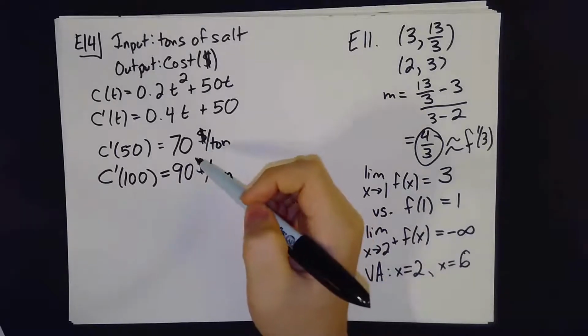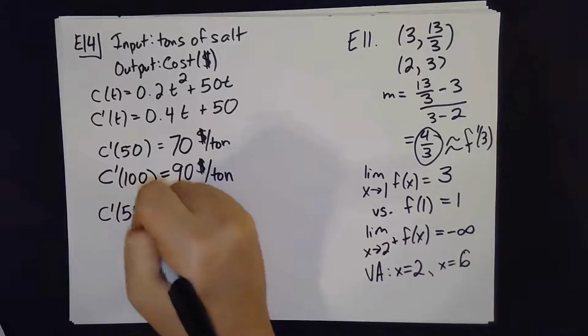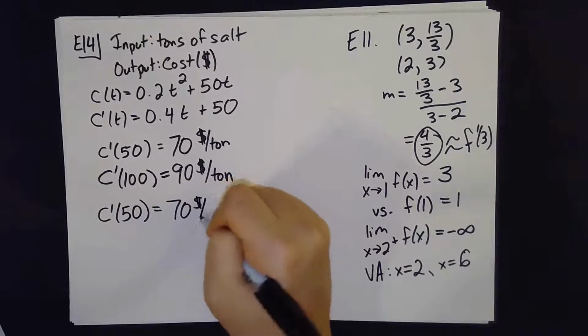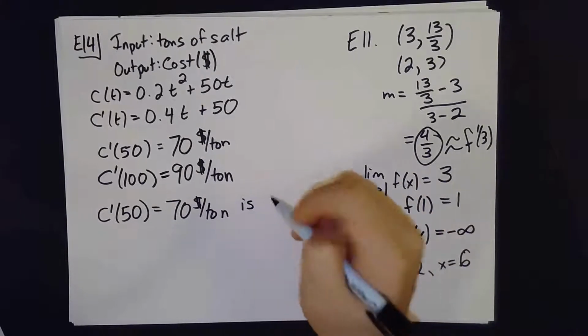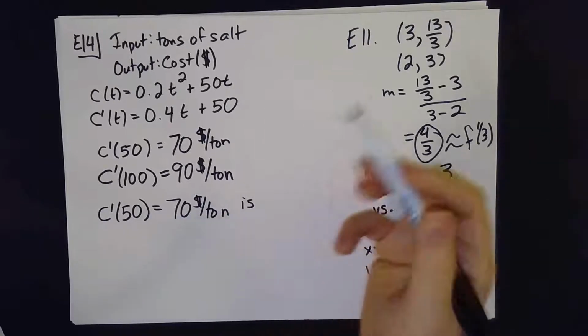And so what is this telling us? This is really telling us that the 50th ton of salt we extract is costing us $70.